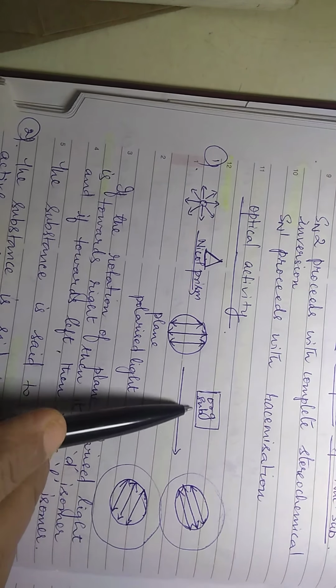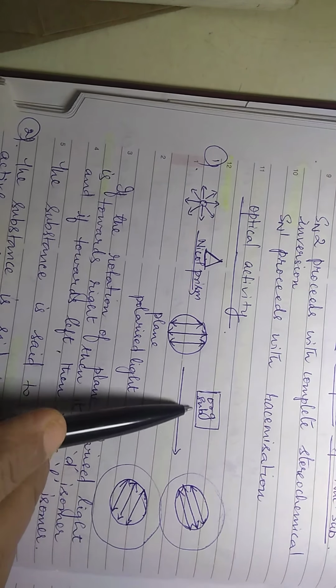Now, depending upon to which direction this organic substance is shifting the plane polarized light decides what kind of isomer it is. So that is called optical activity, or the substance which is rotating the plane of polarization of light either towards right or towards left is said to be optically active.